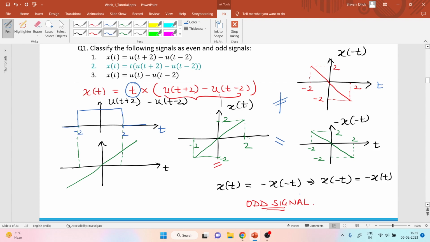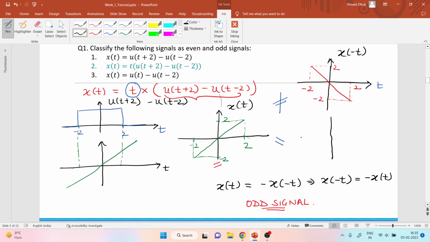Are they correct? The top two diagrams. X of minus t and minus x of minus t look similar, right? Oh yeah, 1 minute. I made a mistake in drawing this diagram. Thank you for pointing it out. Extremely sorry.